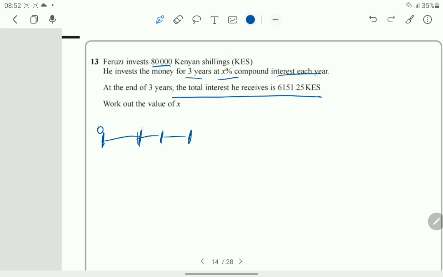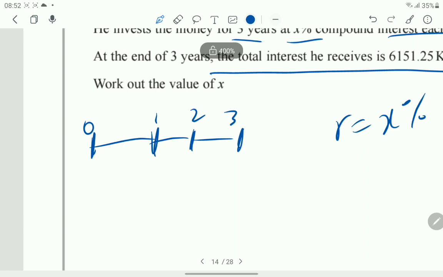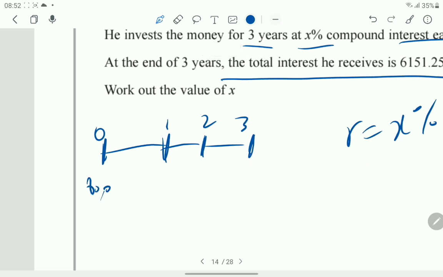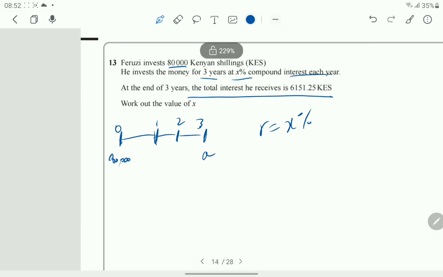This is year 0, 1, 2, and 3, and the rate he has invested in is X%. So at year 0, today, he invested 80,000, and at the end of the 3 years his amount is something, after compounding X% every year, 1 plus X% effectively.